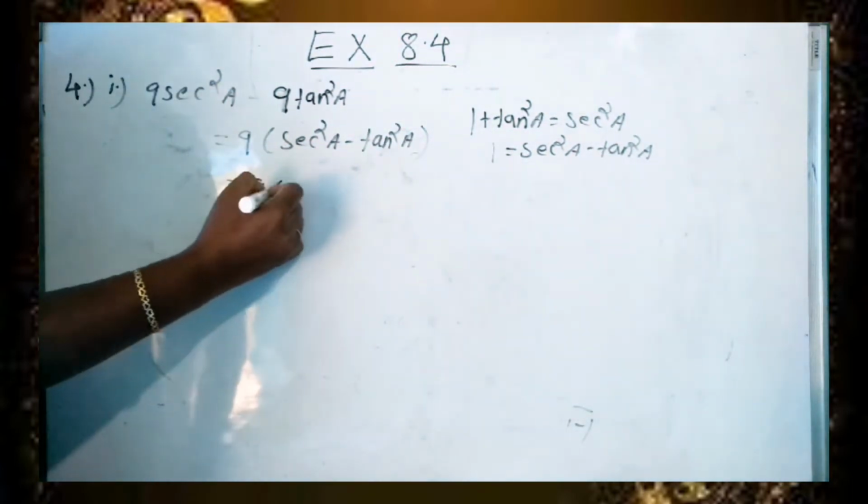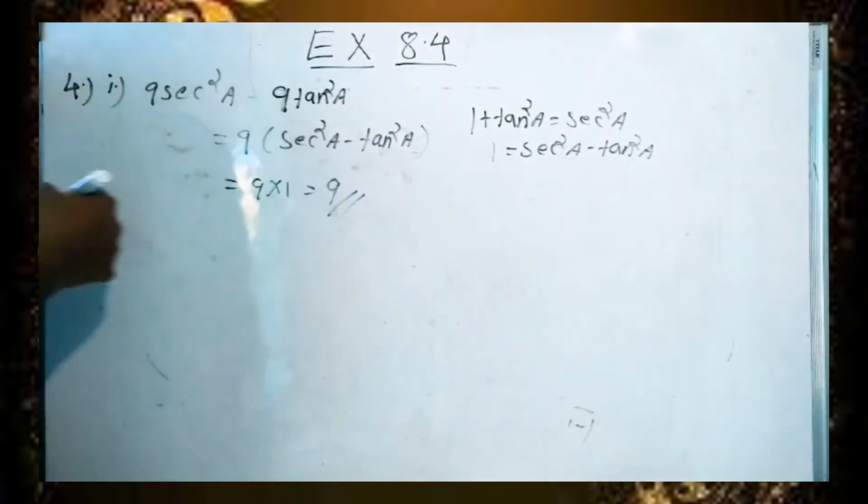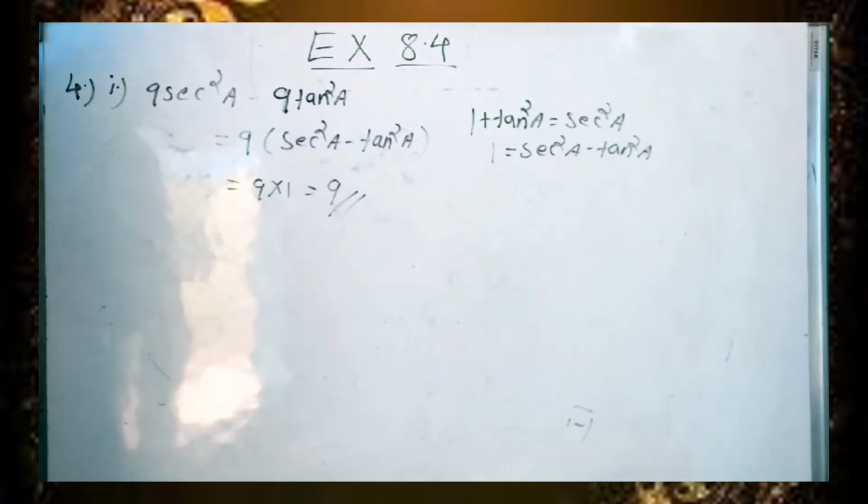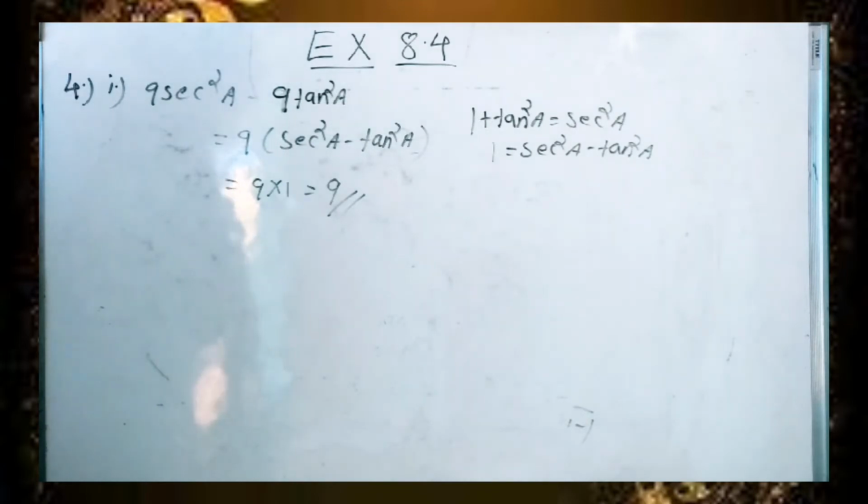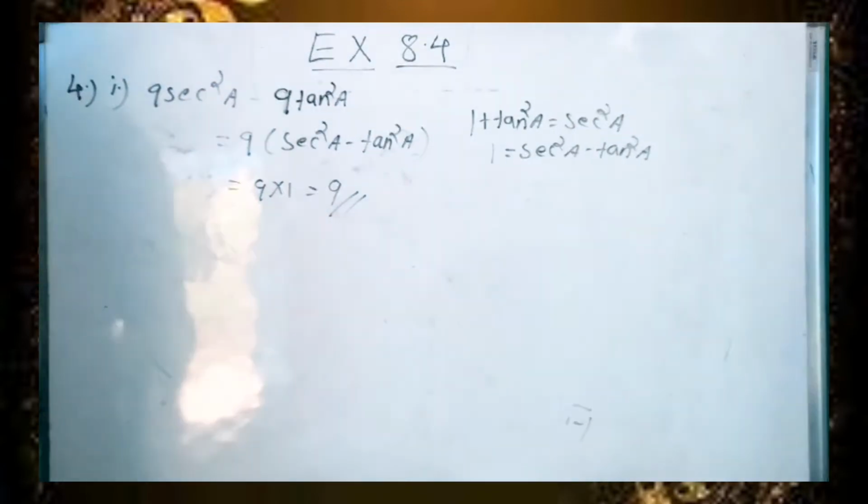So this is 9 into 1 is equal to 9. That is option B.